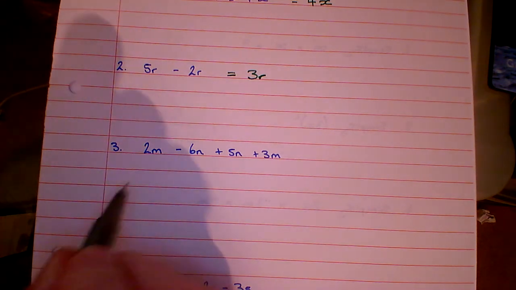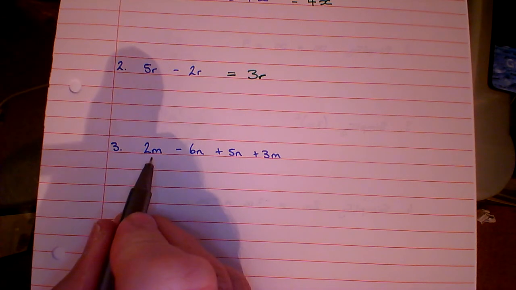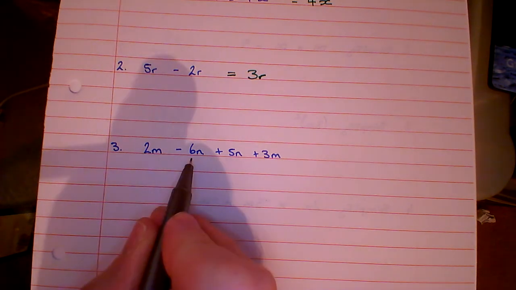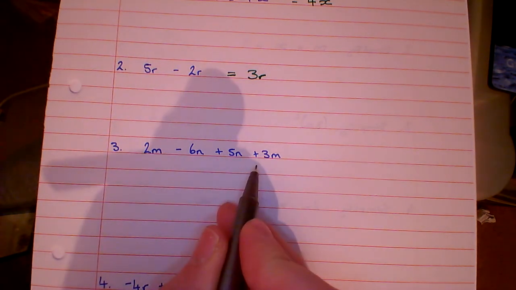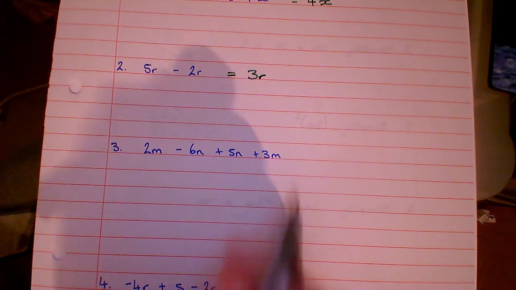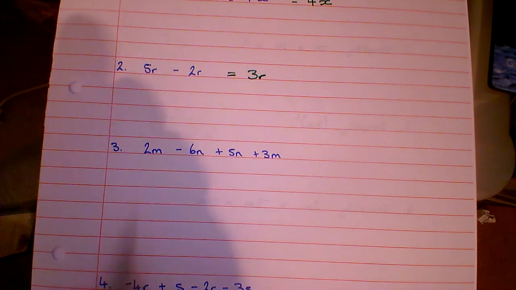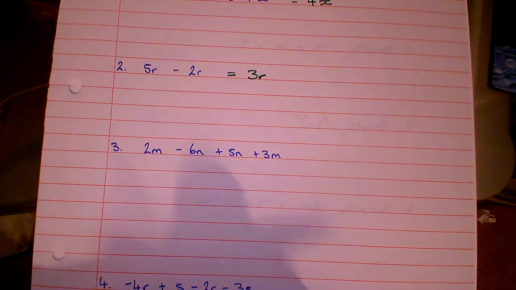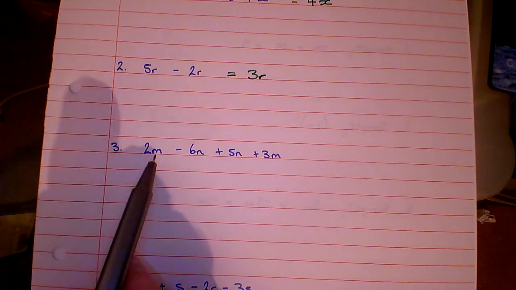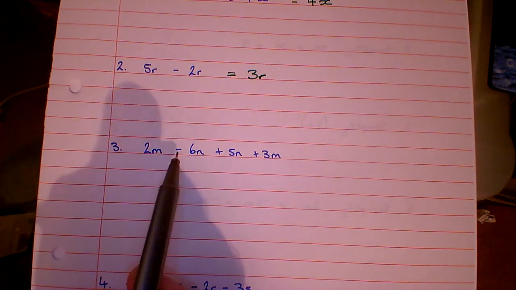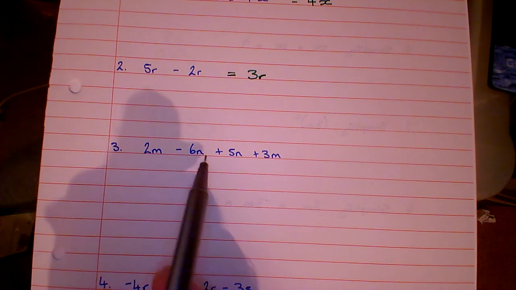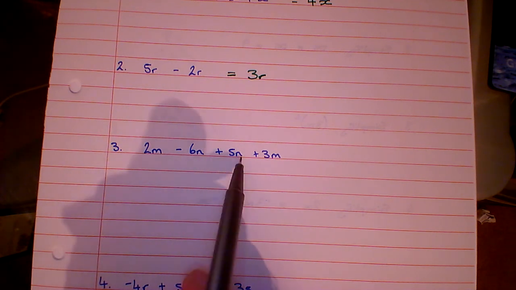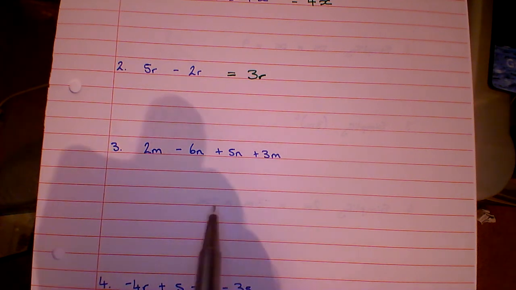So I've got 2m take away 6n plus 5n plus 3m. A lot of people look at that and find it quite confusing, but let's imagine they're not letters, let's imagine they are things. So I've got 2 Maltesers, take away 6 nuts, plus 5 nuts, plus another 3 Maltesers.